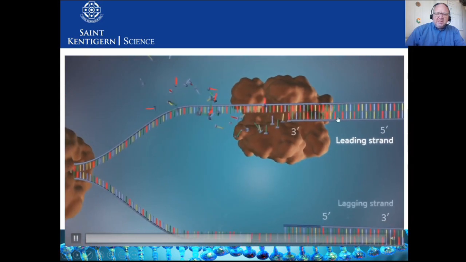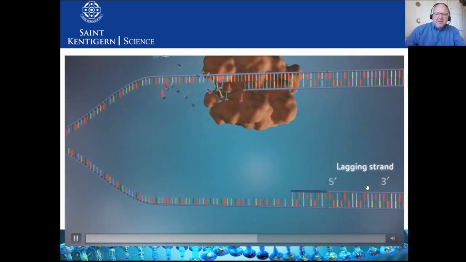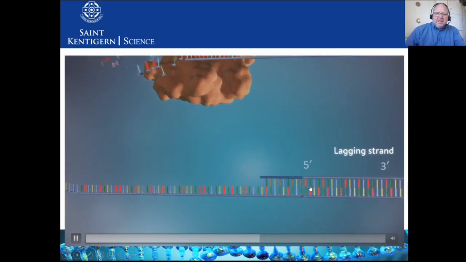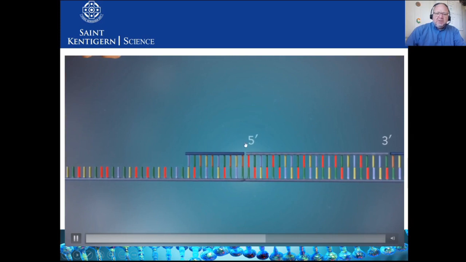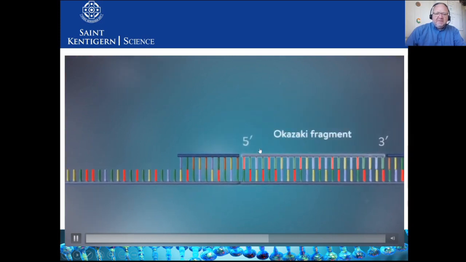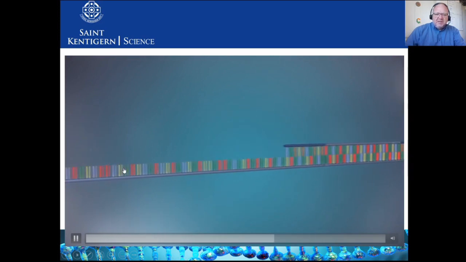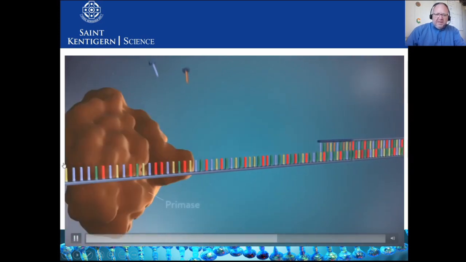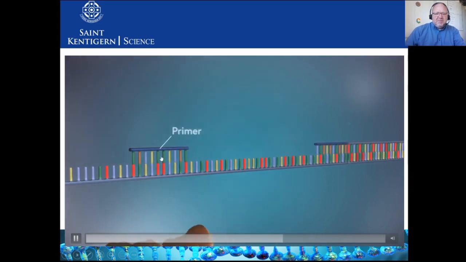Now this is the leading strand. Unfortunately, on the other side, this is called the lagging strand. It cannot happen in that same way because you can only build it 5 to 3, 5 to 3. But if you think about it, where is this coming from? It's coming from this side. I need to go 5 to 3, and then a new piece is unzipped. So here comes primase, puts down my primer.